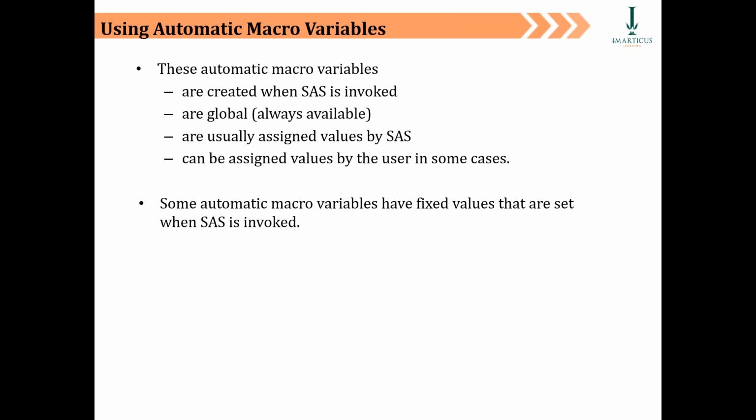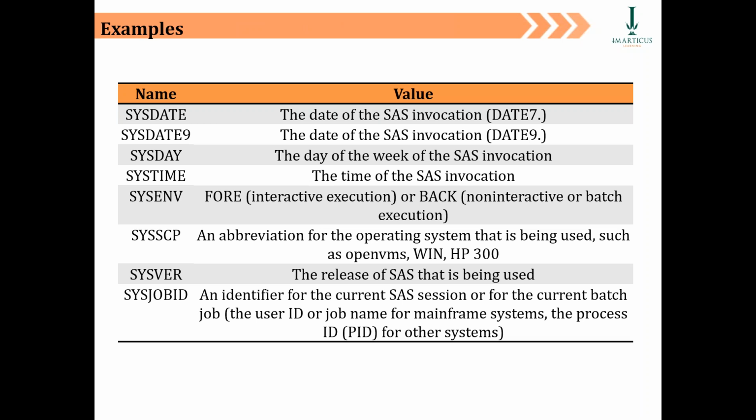Some automatic macro variables have fixed values that are set when SAS is invoked. Like for example, the sysdate. Correct. It is coming from your system. Similarly, sysuserid. It's also coming from your system ID. So those are actually fixed values. Like for example, the SAS version macro. It is always fixed. Correct. You're getting the concept of fixed macros. Yep.